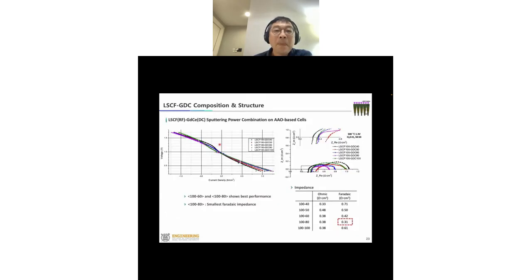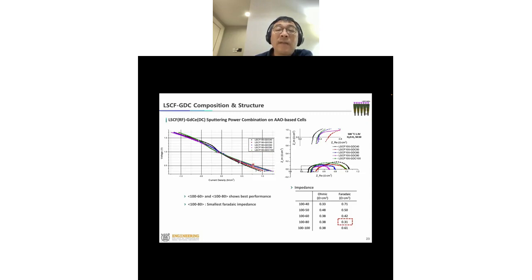And then this is the test of electrodes having different compositions, the power ratio, or we'd say the composition of LSCF versus GDC. You can see it's very difficult.